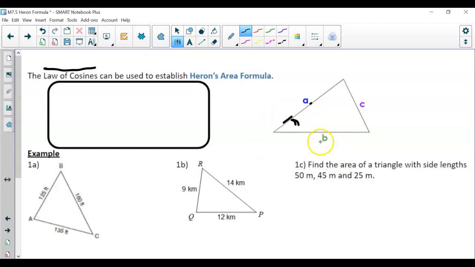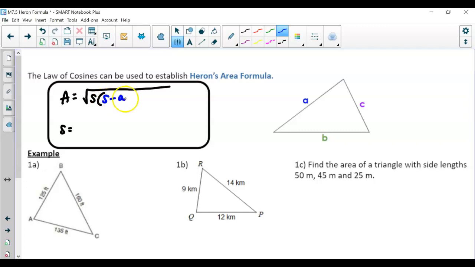Or we could use what's called Heron's formula, which is derived from the law of cosine. So here, find the area of an oblique triangle where you're just given all three sides. This is the square root of S, where S is our semi-perimeter, and I'll explain how we calculate S. The square root of S times, then we take that value of S and subtract the three sides from it.